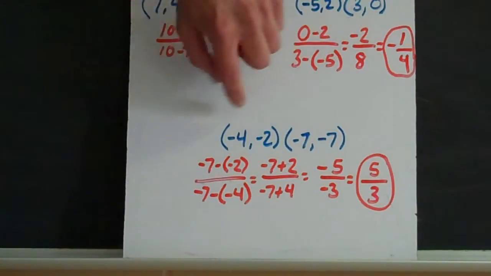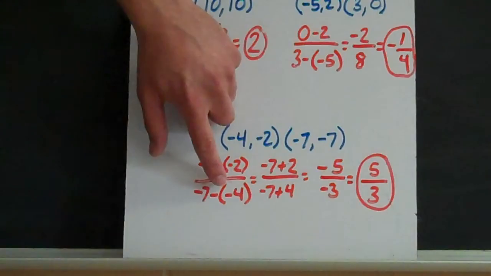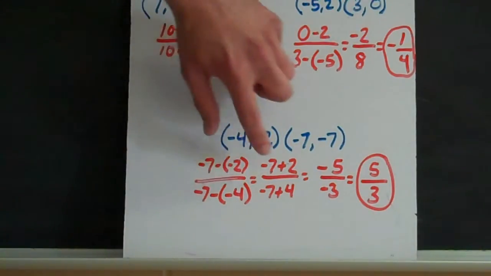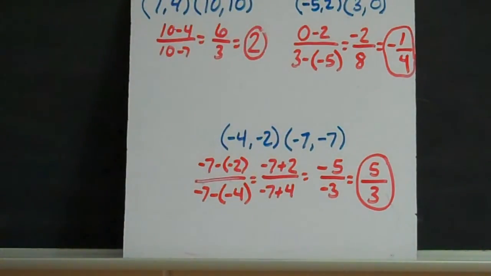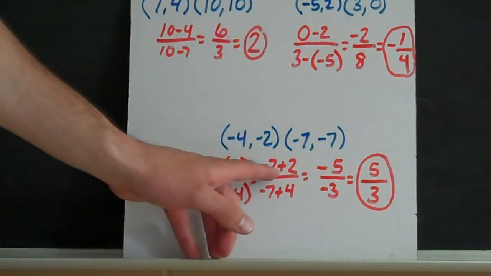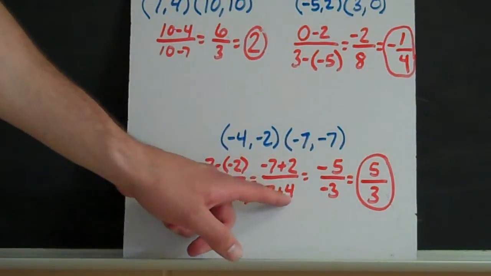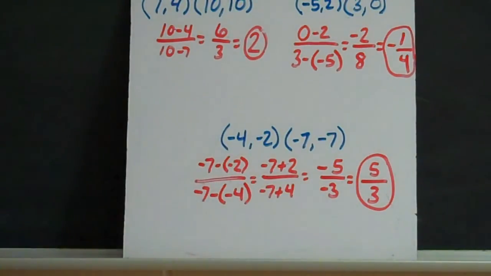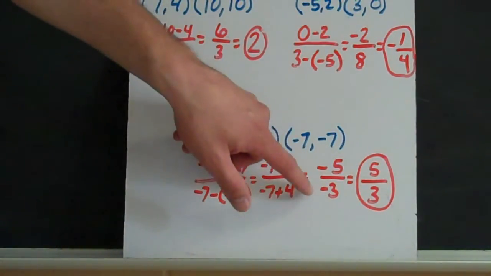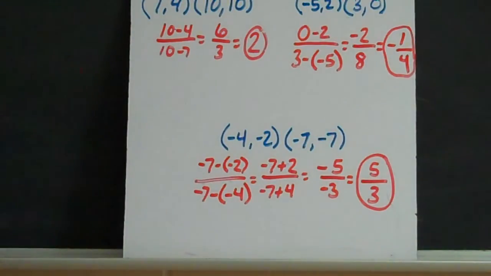Negative 7 minus negative 4, when we distribute the negative, becomes negative 7 plus 4. Negative 7 plus 2 is negative 5. Negative 7 plus 4 is negative 3. A negative divided by a negative is a positive, and 5/3 doesn't reduce at all. So our slope is 5/3.